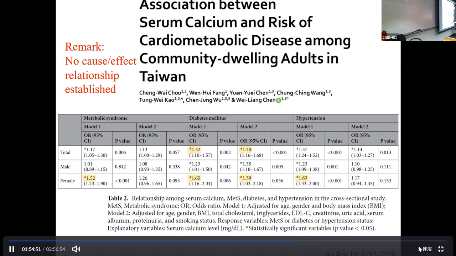Models 1 and 2 are just adjusted for different confounding factors, hypertension. So, for example, if you look at females here, all different situations are highly correlated with a high serum calcium. So again, we don't know what is going on, okay? And as I said, I caution, there's no cause and effect established.